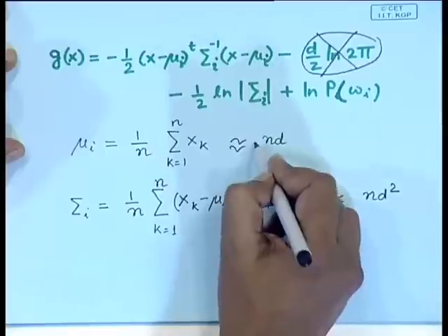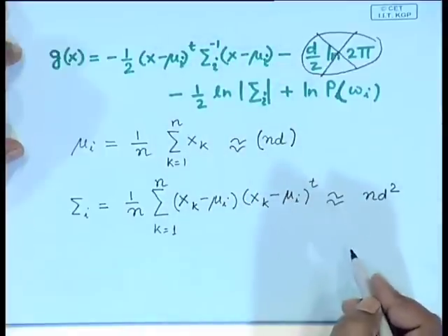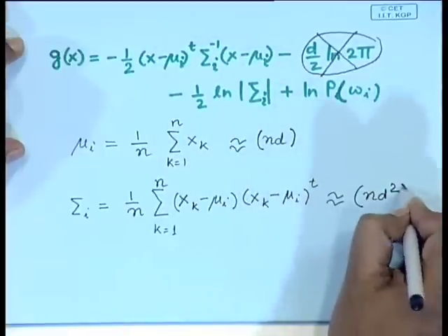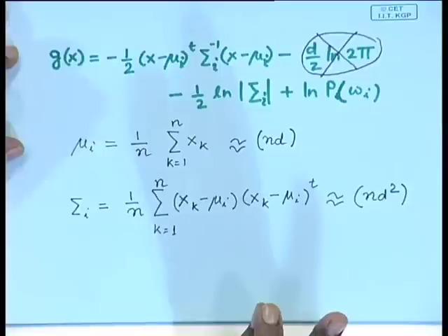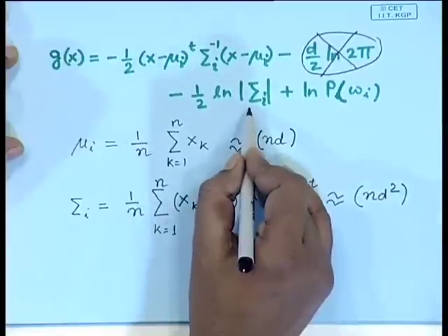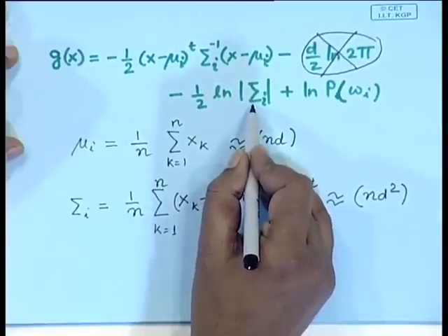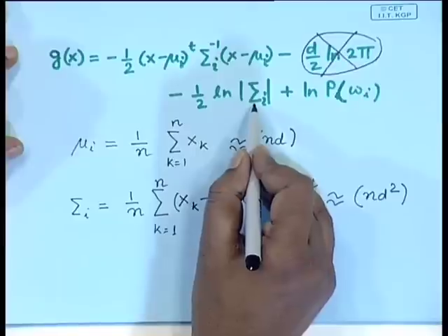So, to find the mean vector, I need a computation of order n into d. To find the covariance matrix, I need a computation of order n into d square. Similarly, the inverse also takes a computation of order n into d square.